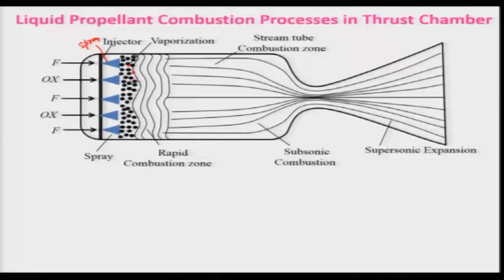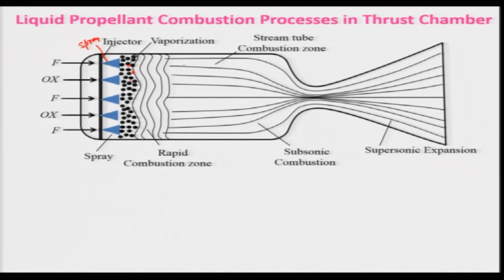When this occurs, the heat release also increases the velocity of the fluid, and so does vaporization. After this, the combustion takes place. As a result, rapid combustion takes place here, and the velocity will be increasing.